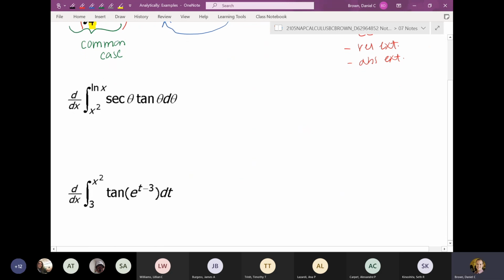Looking at this second one, so again, I cannot use the common case. We're going to be forced to use the general case because we have an x squared, which is clearly not a constant, and a natural log of x, which is not just x.